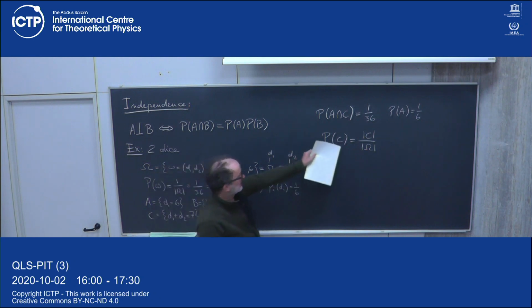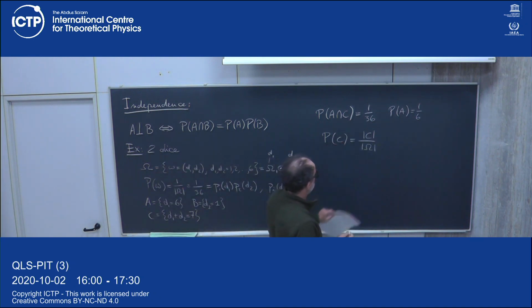And how many possible outcomes contribute to C? Well, when D1 is equal to 1, then D2 must be equal to 6. If it is equal to 2, then D2 must be equal to 5. And if D1 is equal to 3, D2 must be equal to 4. And the opposite, okay?